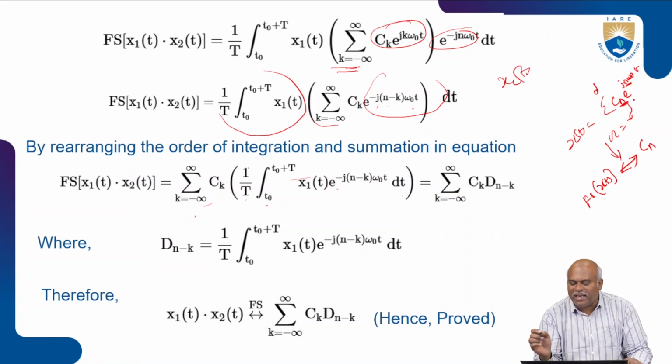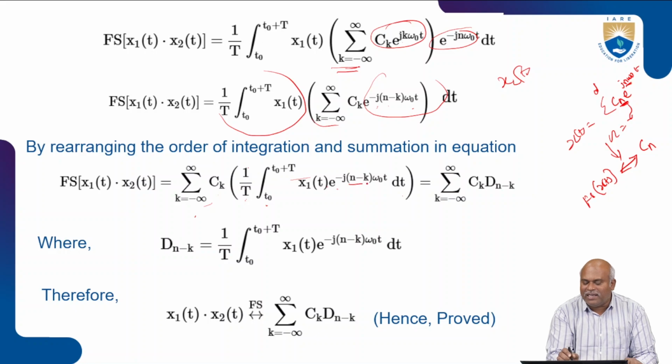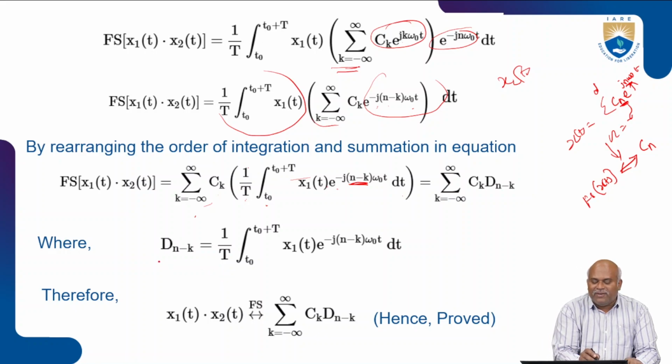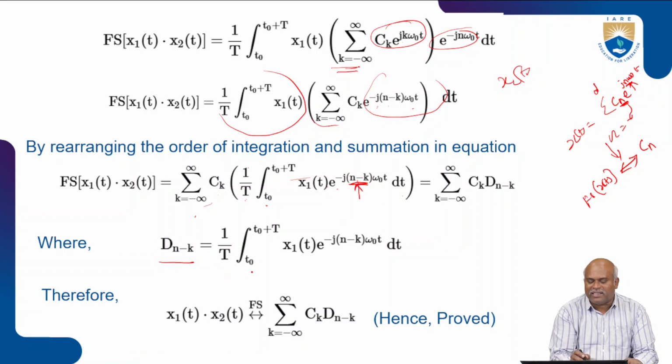If based on n we write, but here it's shifted to n minus k. So I should write the equation as d of n minus k. The d of n minus k came from here. d of n minus k is equal to 1 by T integration from t0 to t0 plus capital T of x1 of t e power j (n minus k) omega 0 t dt. This value only I should write for d of n minus k.